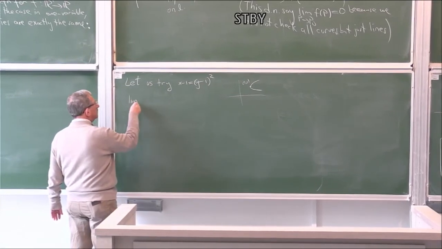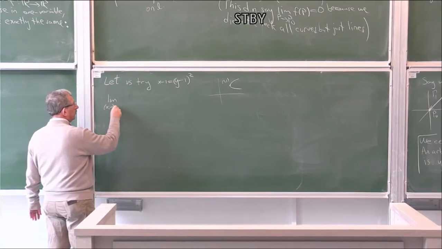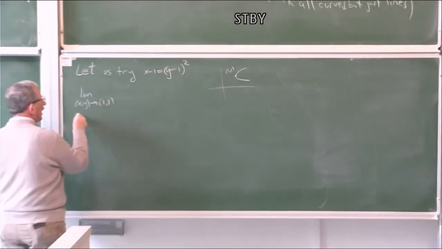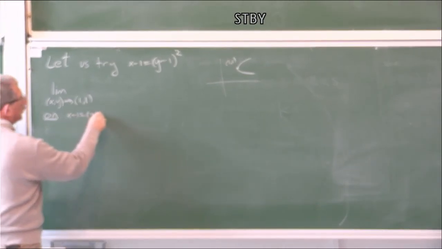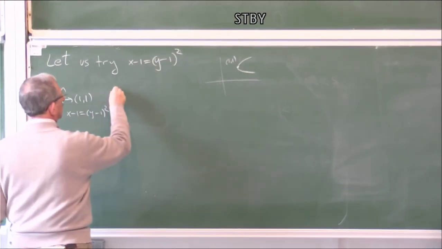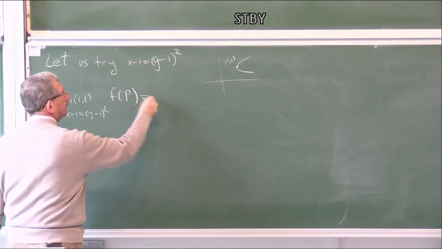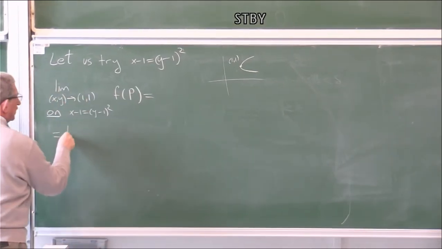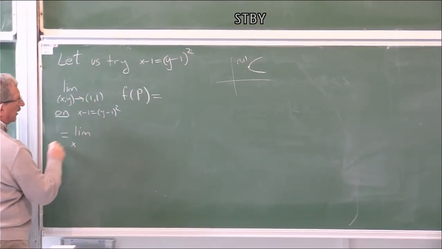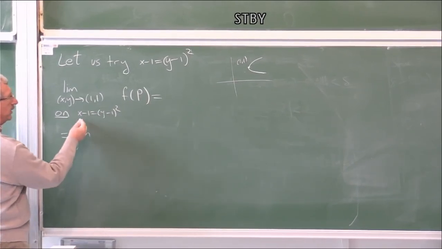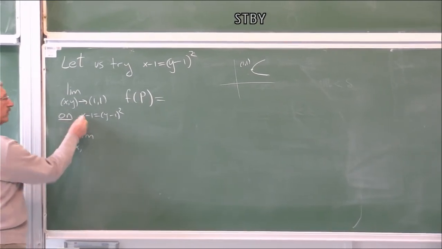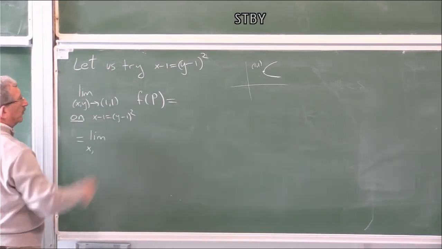Namely, the limit as (x, y) goes to (1, 1). On the parabola, x minus 1 is (y minus 1) squared. We check f of b. Now this is the limit as x goes to 1, and y is the square root of x minus 1 plus 1. Well, x is bigger than 1 anyway.